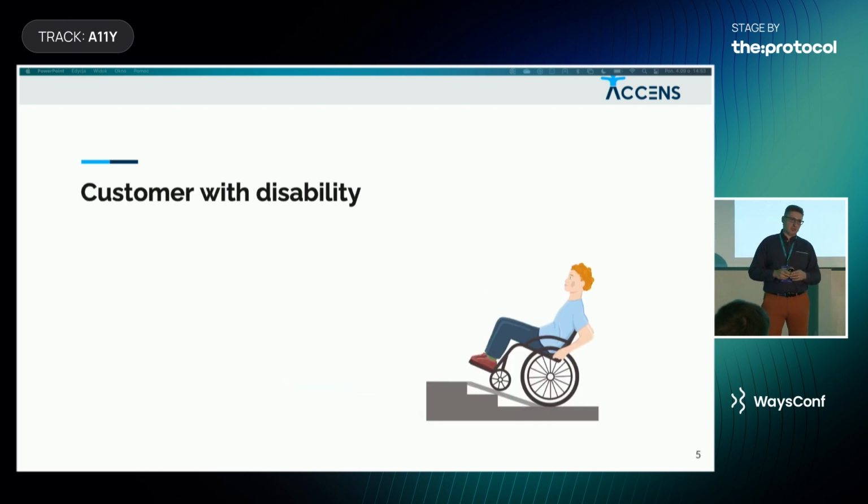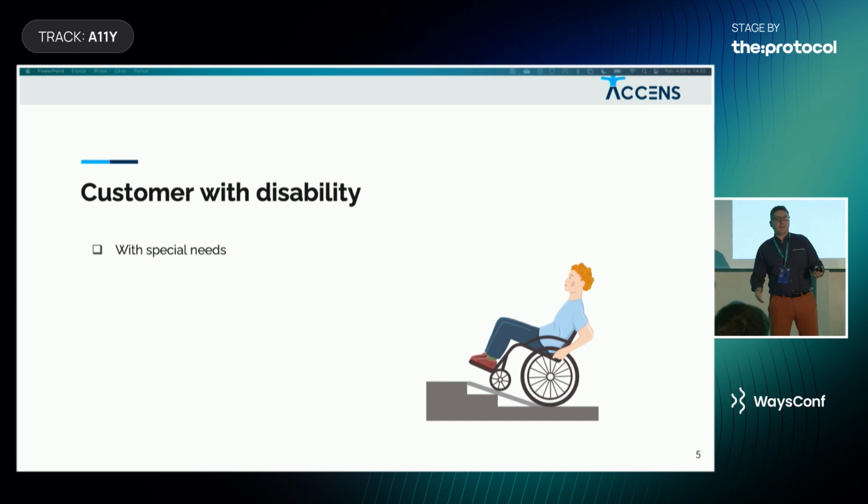Now, about the customer with a disability. Again, three things, because it's easy to remember three things. First, they have special needs. This is a person who, besides that, has needs like everyone, like wanting to buy a shirt or do some shopping in a grocery store or whatever.